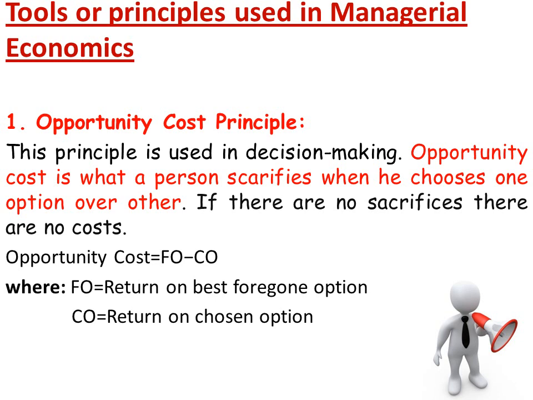The amount of money derived from the foregone option minus the chosen option will be the opportunity cost. Let me explain with an example.